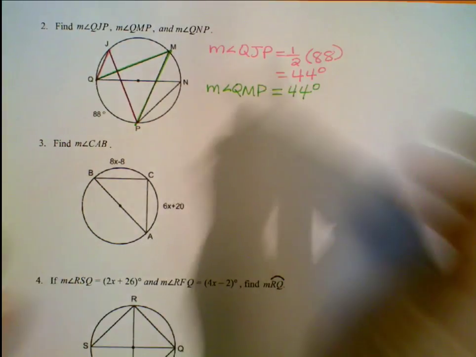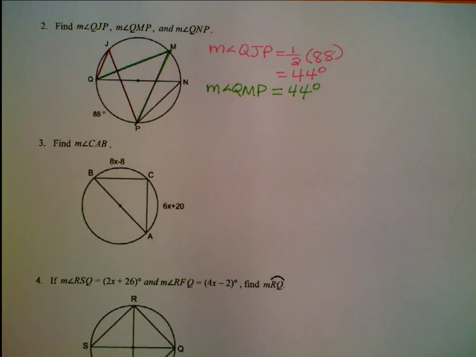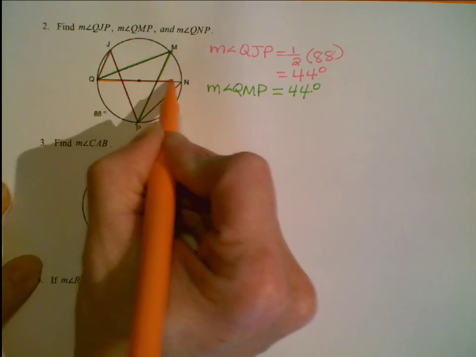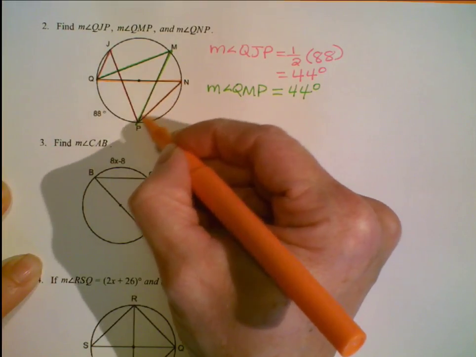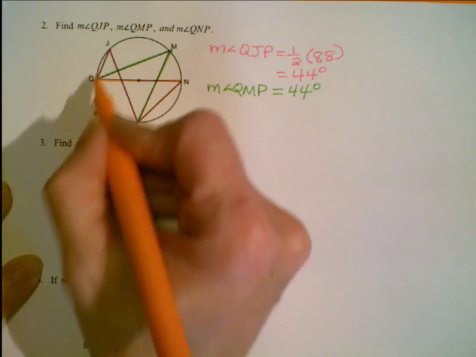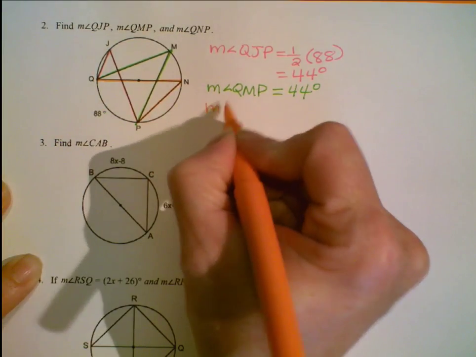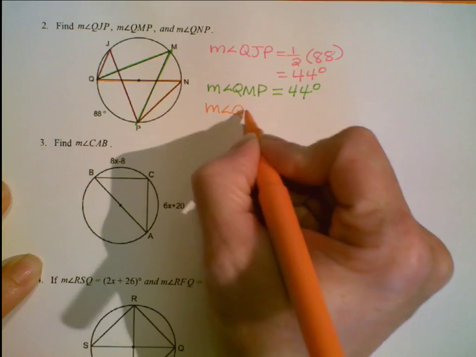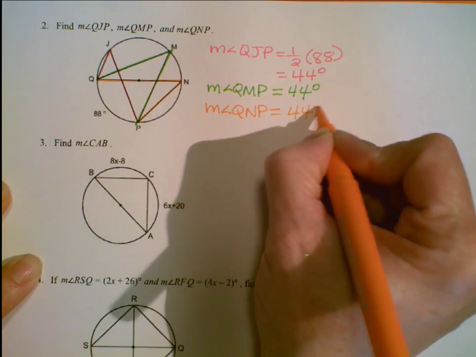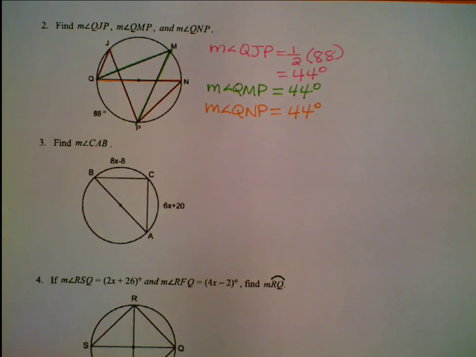They intercept the same arc, they have to have the same measure. And then as we look at the last one, the measure of angle QNP, here again, we can see that Q and P are the endpoints of that same intercepted arc. So that angle QNP has a measure of 44 degrees. So all three angles had the same intercepted arc and must therefore have the same measure.